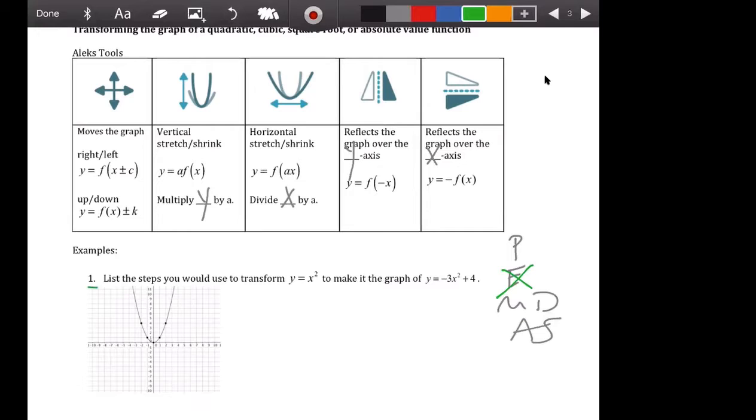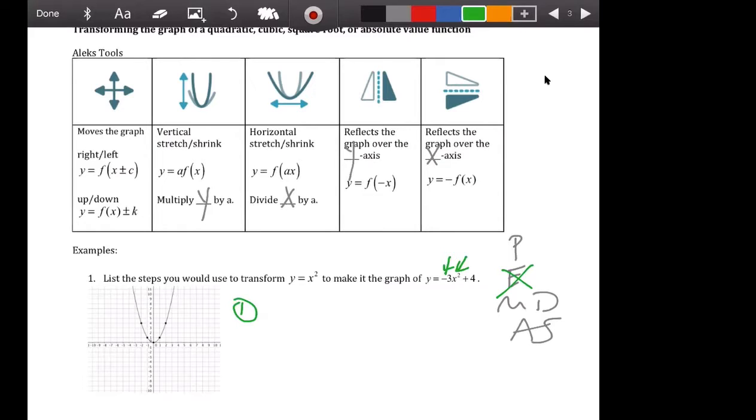Now all we're doing is listing the steps. We're not graphing it yet. I'll show you in a minute how to do that on ALEKS. But the first step would be to look at when you multiply and divide. There is a multiplication of a negative symbol and a multiplication of 3. So what would the 3 do?